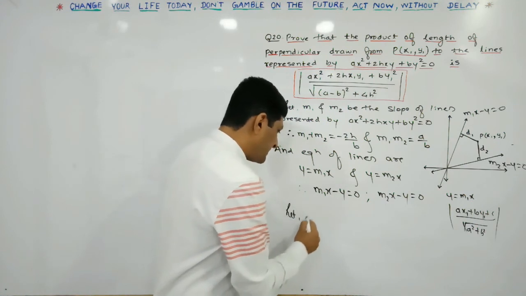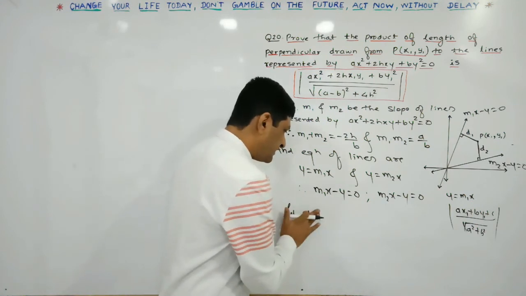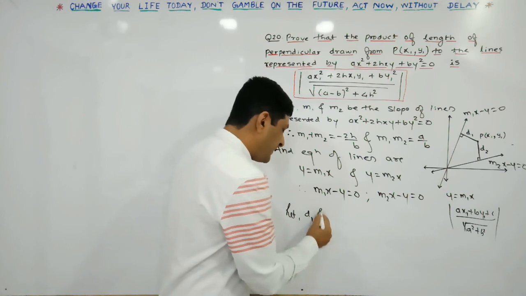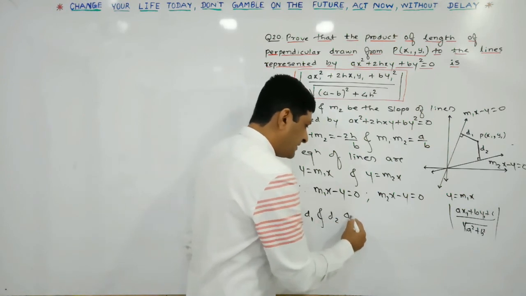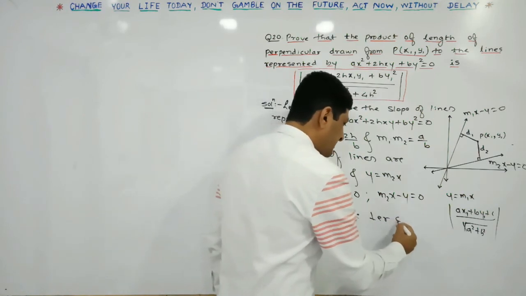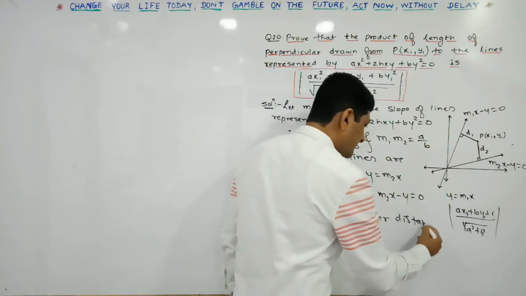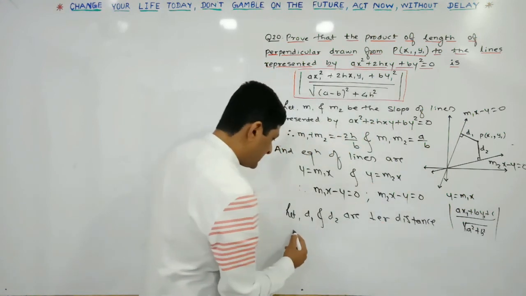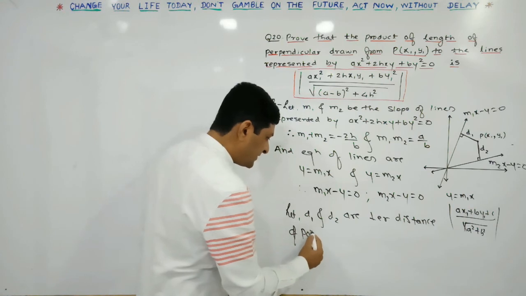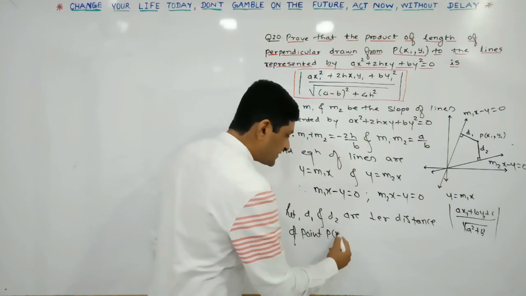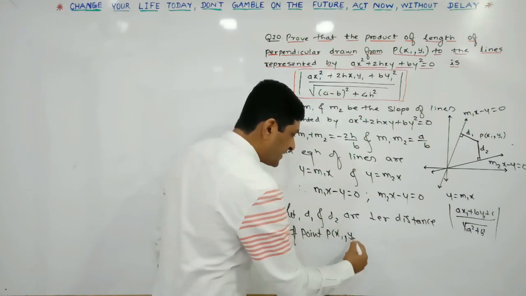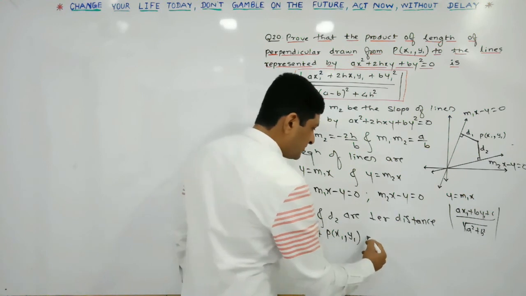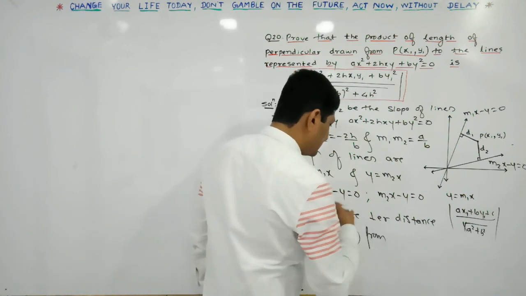Let d1 and d2 be the perpendicular distances of the point P, whose coordinates are denoted in the example by x1, y1, from these lines.